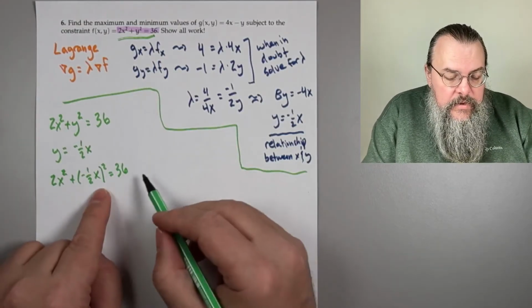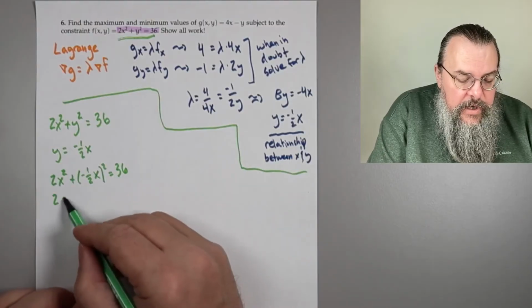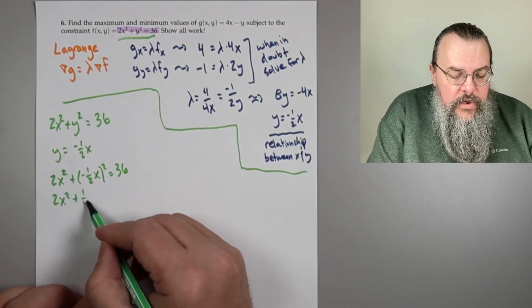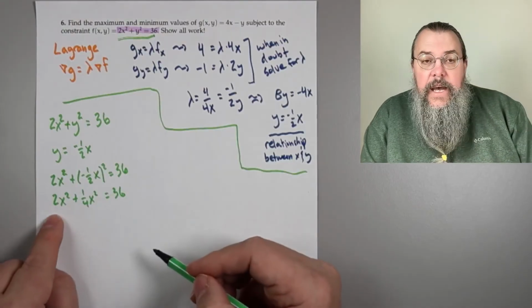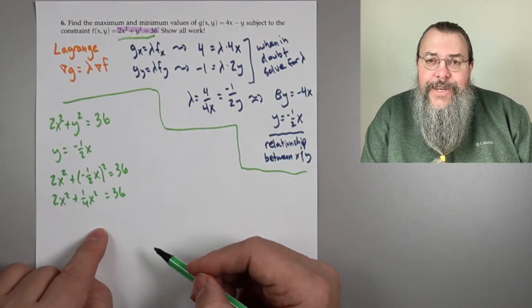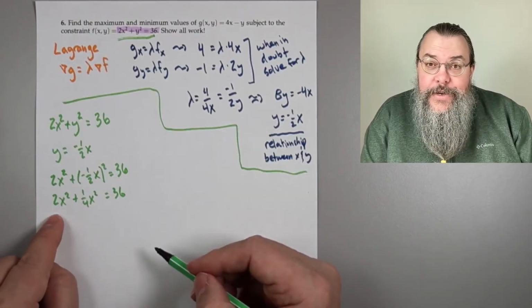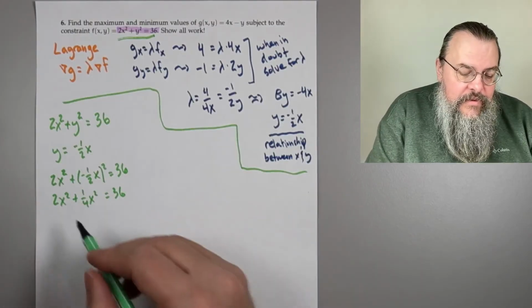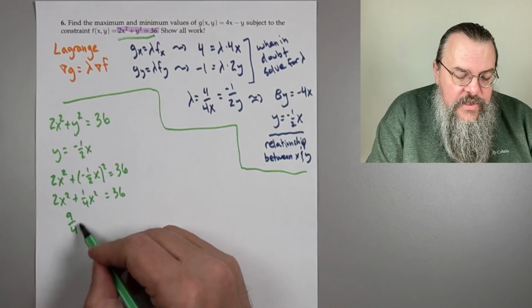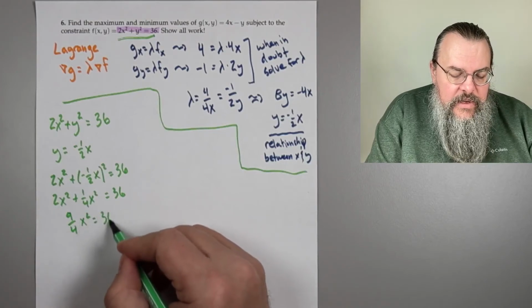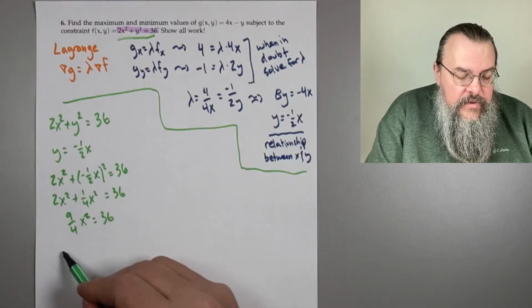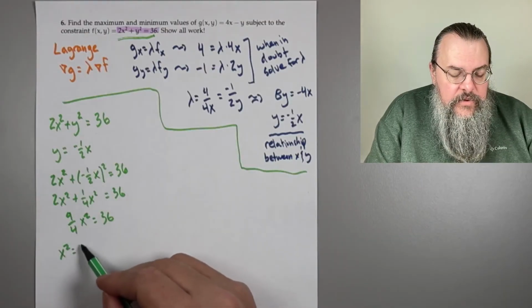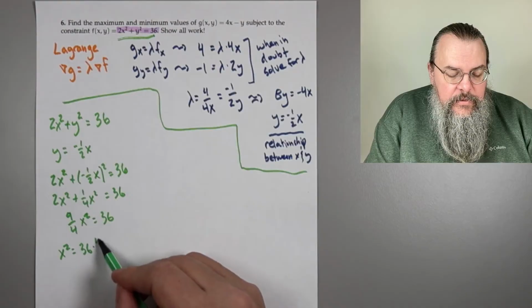Well, this is the same as 2x squared plus a quarter x squared equals 36. If you add 2 and a quarter, because they both are attached to x squared, this is 8 quarters plus a quarter makes 9 quarters. X squared equals 36. And then we move it across. That says x squared equals 36 times 4/9.